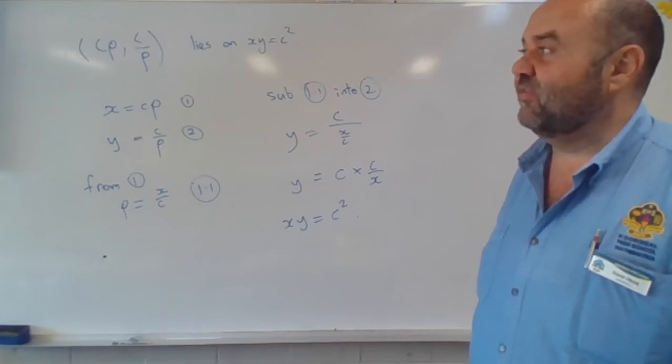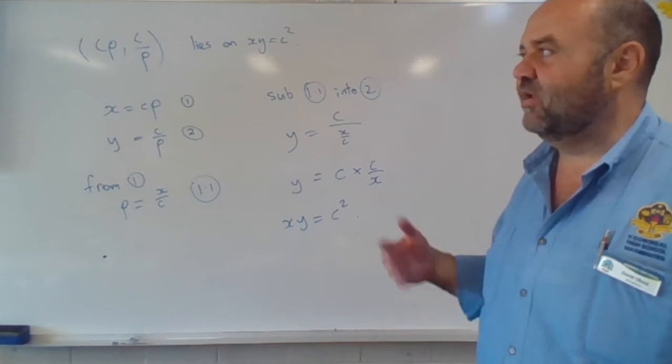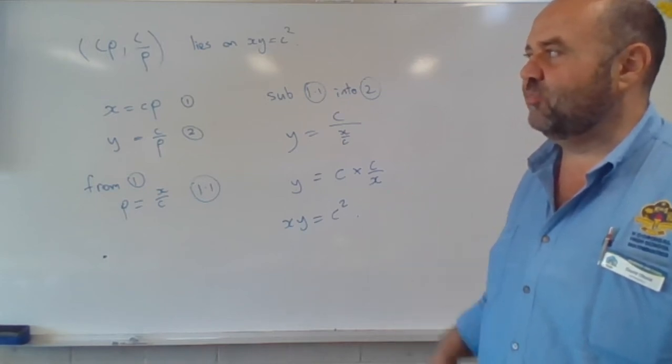Part B says to complete the table of values for x equals 2p and y equals 2 on p.